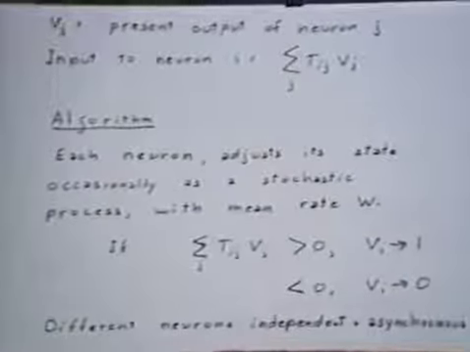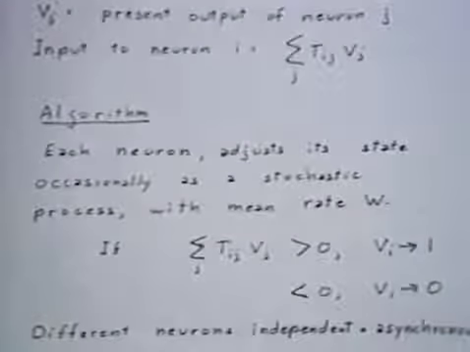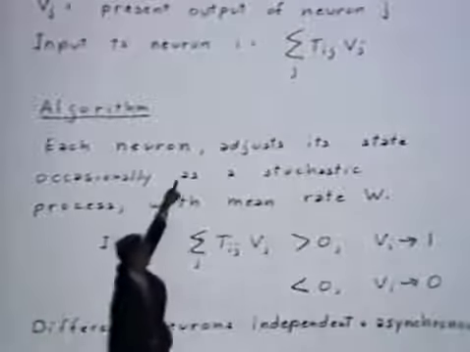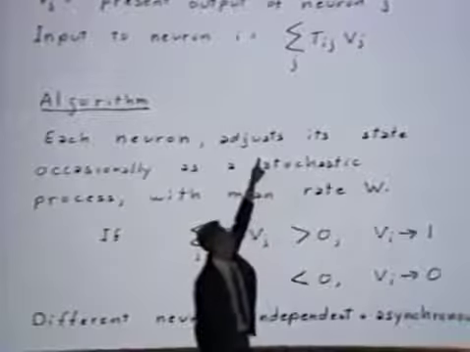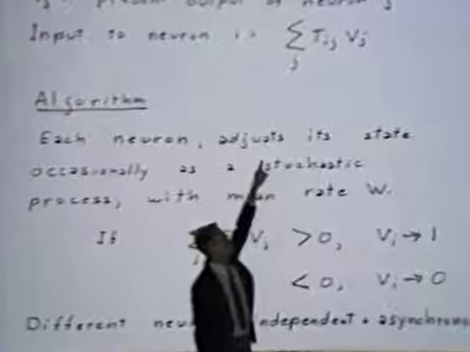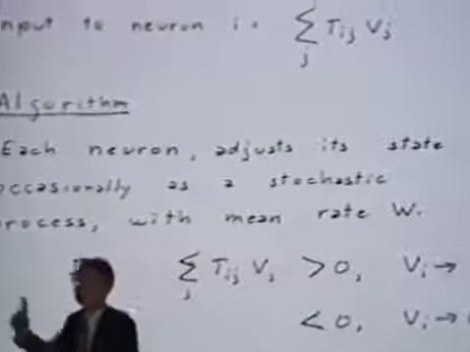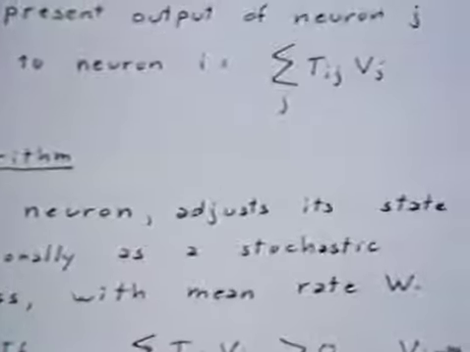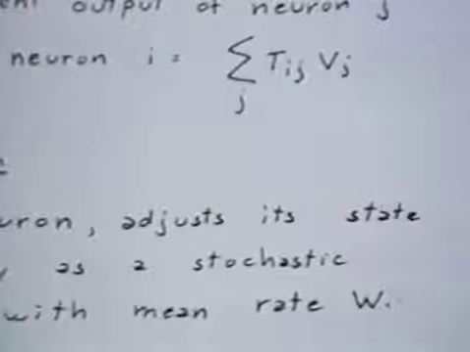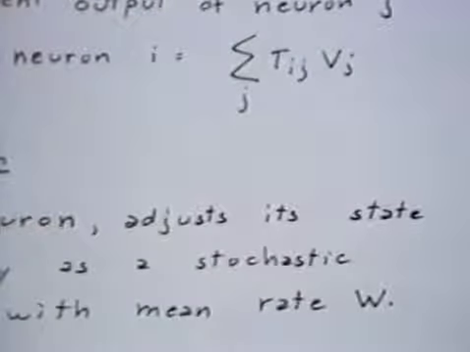And what its state is going to be is controlled, first of all, by its input. It has an input described in terms of a sum over all the connections that are made to it from other neurons, multiplied by a Vj, which is 0 or 1, depending on whether the other neuron is off or on. So this is the input to a particular neuron.